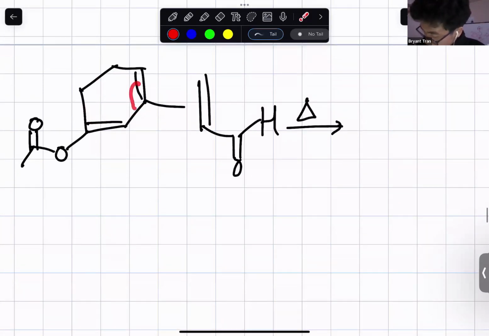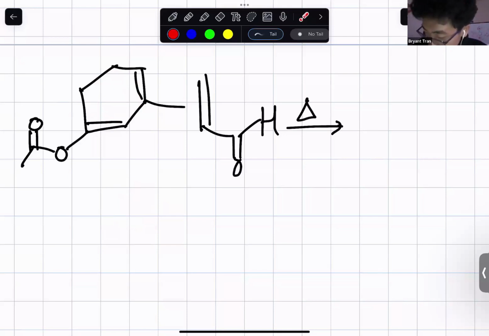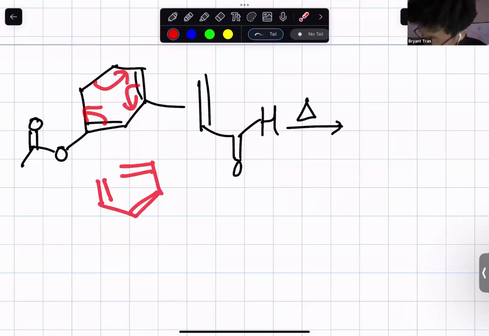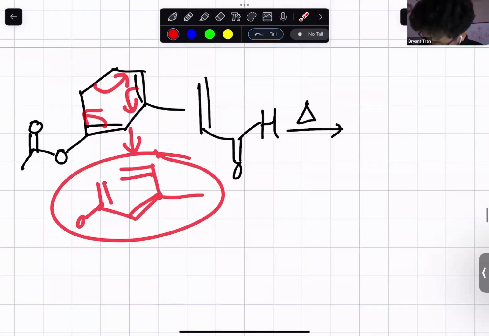Based on your arrows, this is what we should get right here: a double bond there, that there, and there. Let's say that's the methyl group right there, and this is the ester group right here, like this.